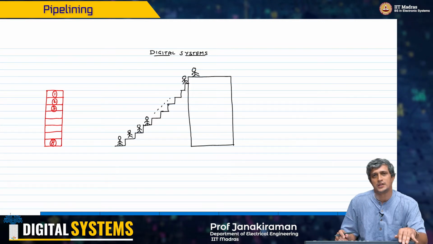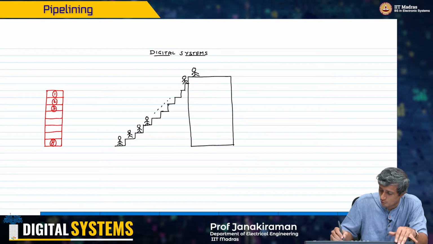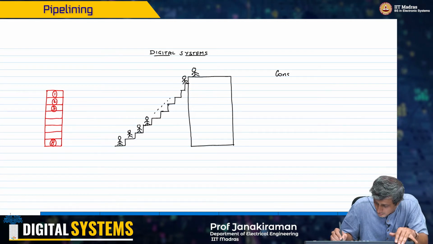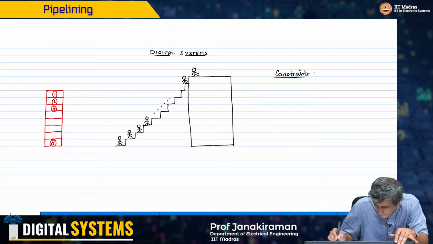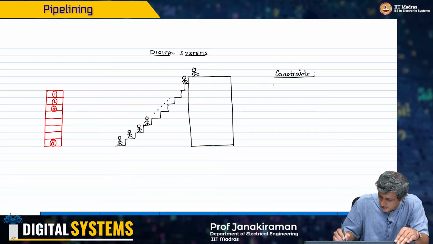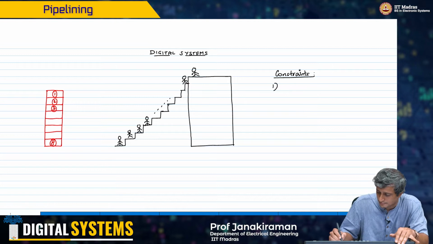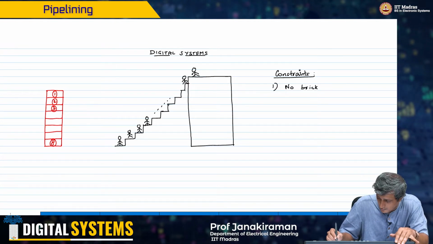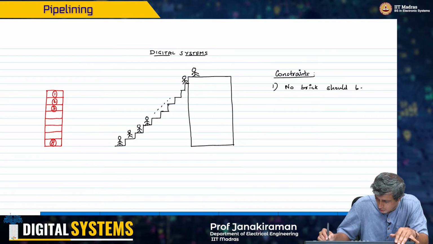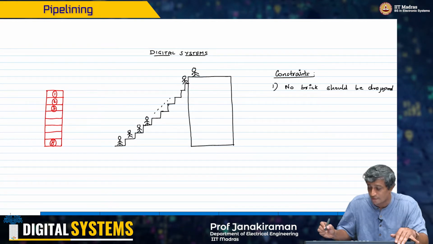So now there are certain constraints that we are going to work with, okay? The constraint is this: no brick should be dropped, even by mistake.